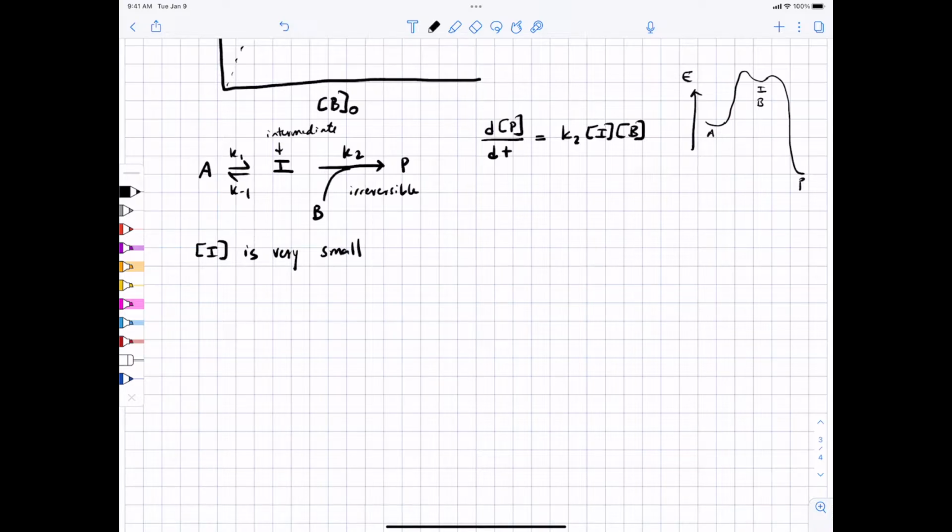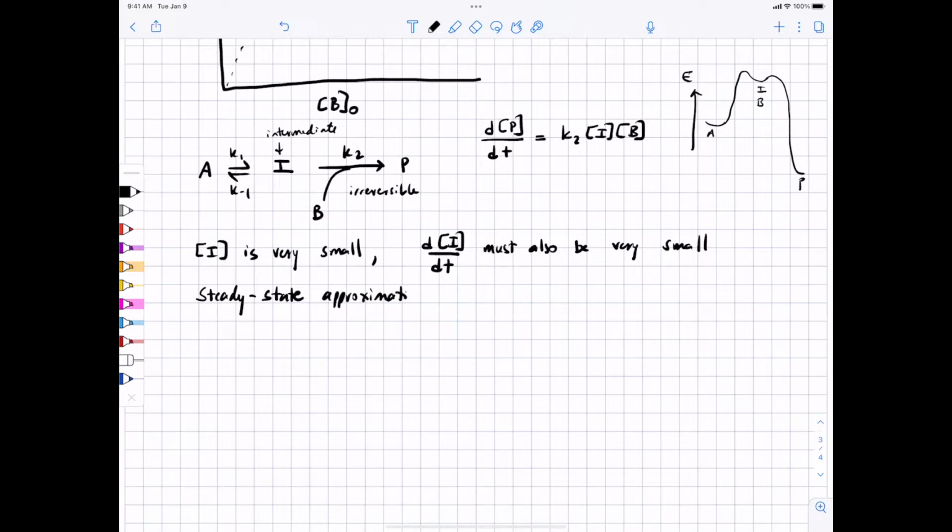But if the concentration of I is already small, variation in that concentration as a function of time must also be very small. In fact, we're going to say it's small enough as to be basically equal to zero. And this is what is referred to as the steady state approximation.